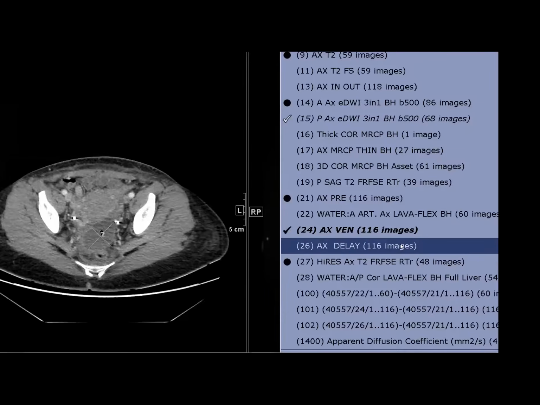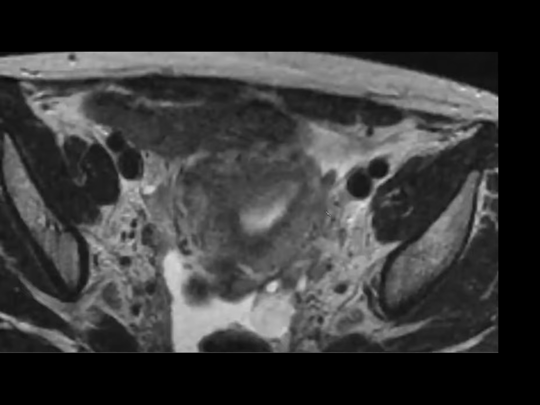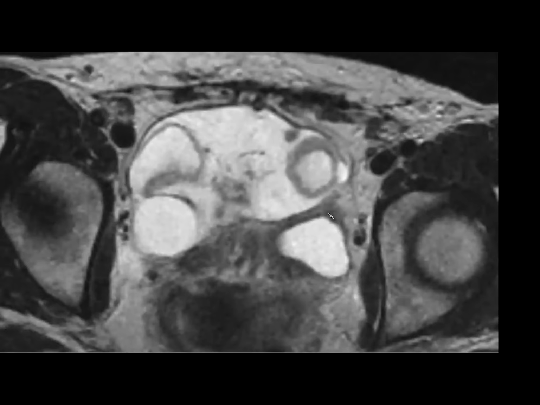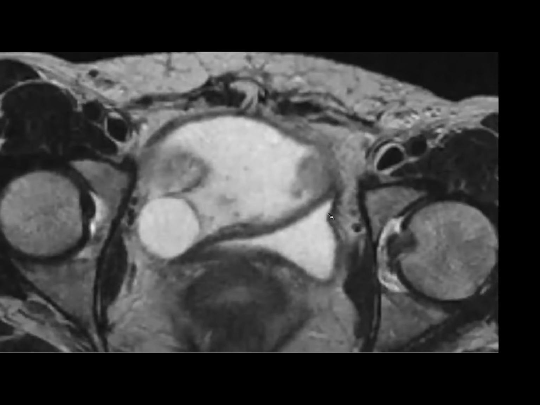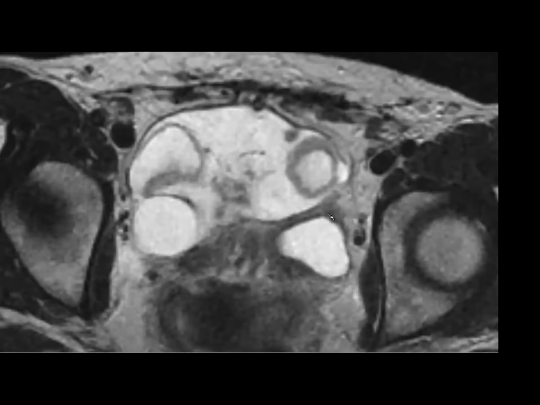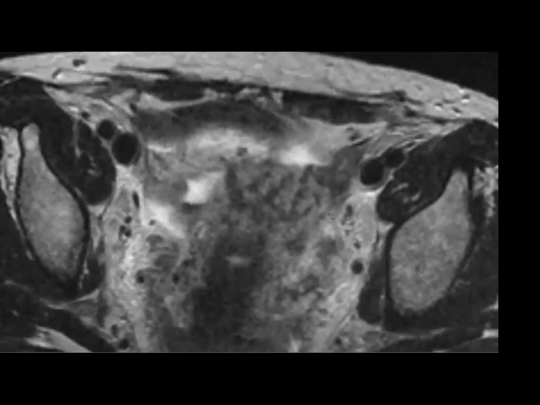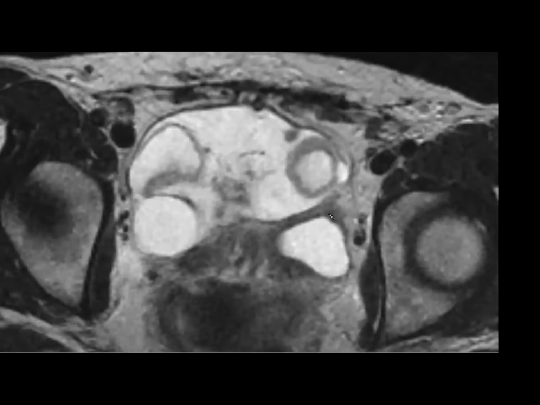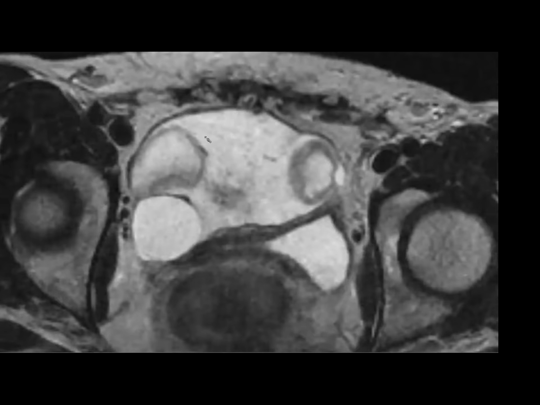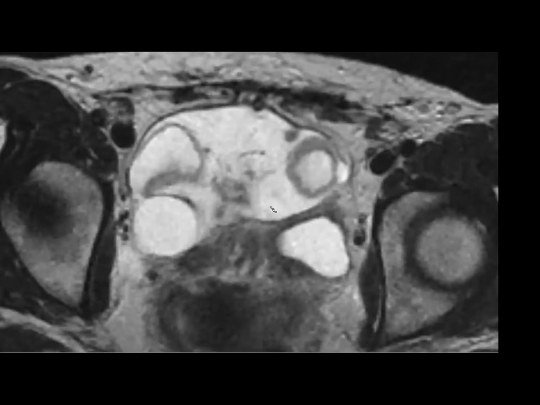And then this is what it looked like on T2. What do you guys think? It's like a torsion. Yes, good, excellent. So this was actually a big, huge edematous ovary that was torsed.